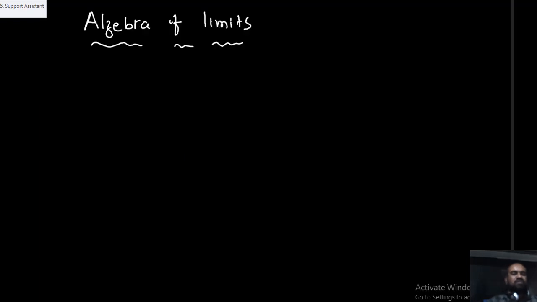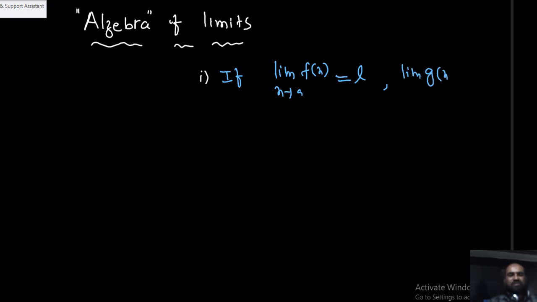Okay, next concept students, algebra of limits. I will write the algebra of limits here. First one: if the limiting value of function f of x where x is tending to a is L, and the limiting value of g of x where x is tending to a is m, then we will get the following results.